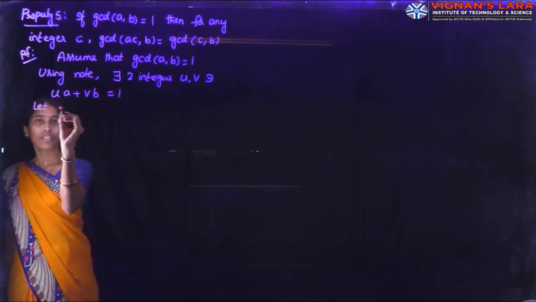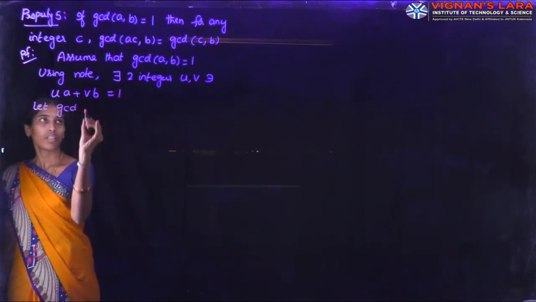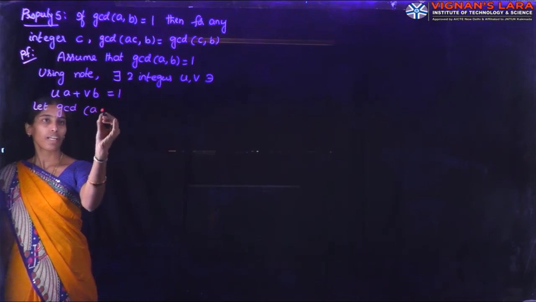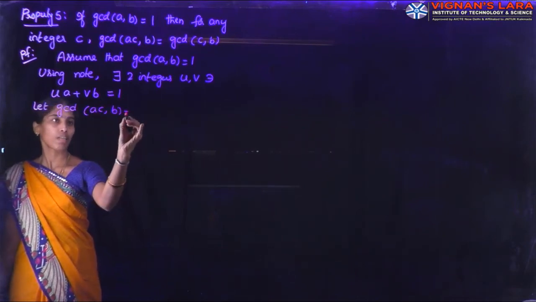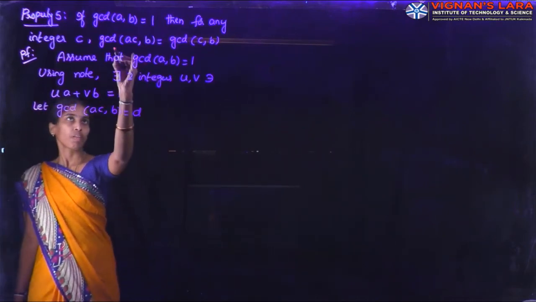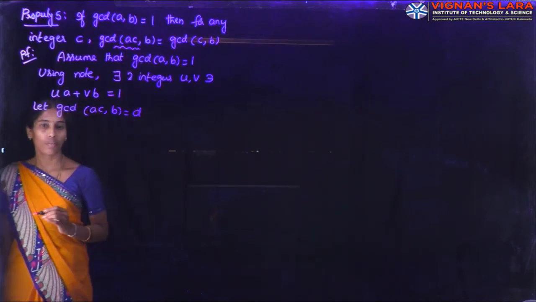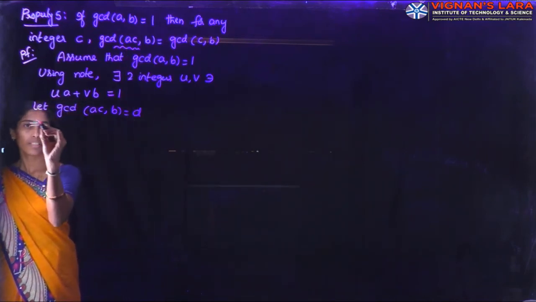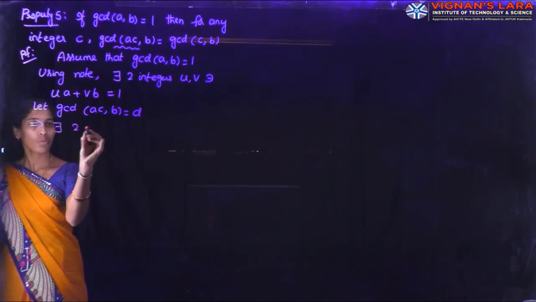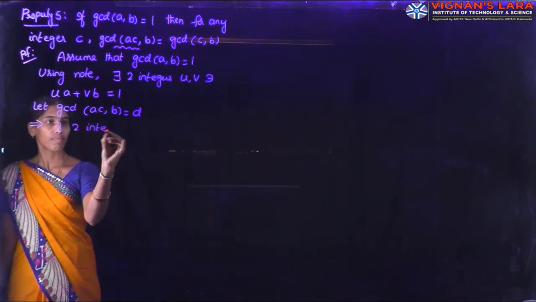So, let us assume that GCD of AC, B is equal to D. We assume this part is equal to D. Implies there exist two integers.